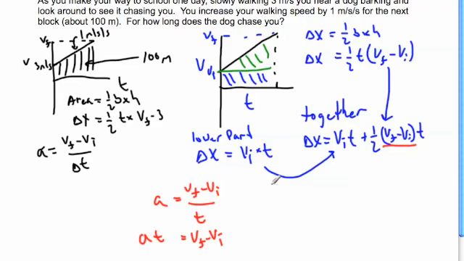Not surprising. And so I'm going to replace that there with AT, and the new combined formula, if you will, looks like this: VIT plus 1/2, substituting an AT there, times T, or T squared.